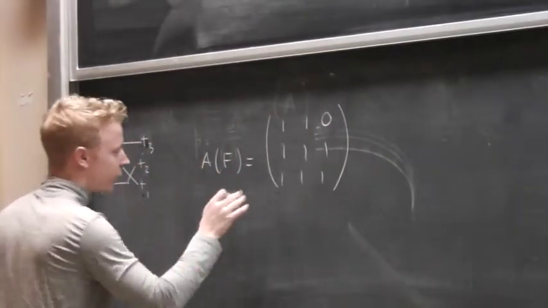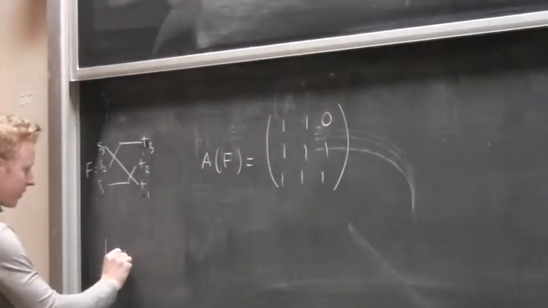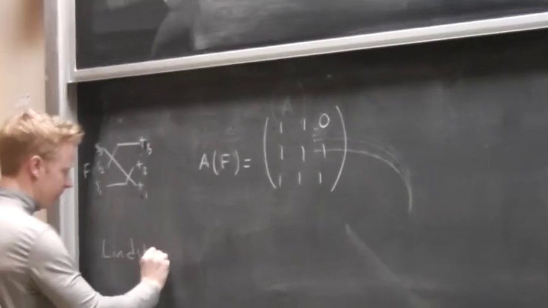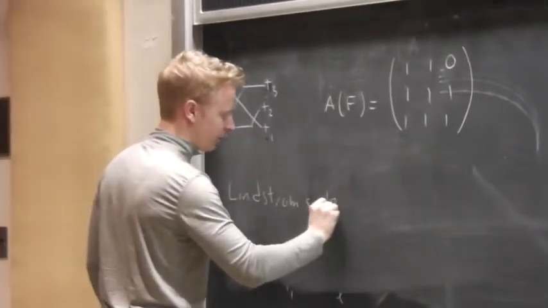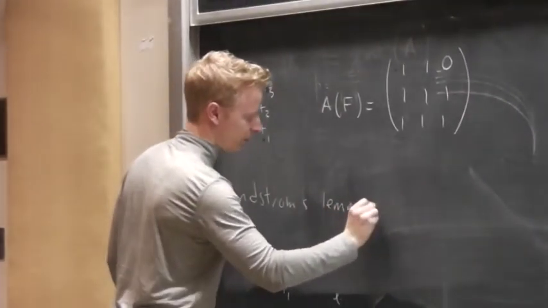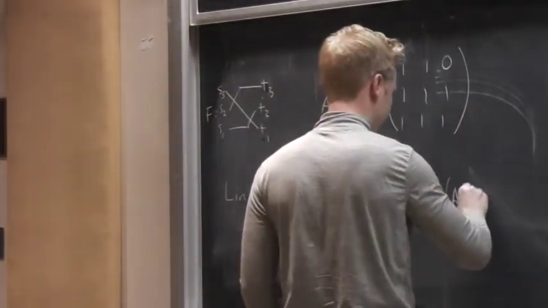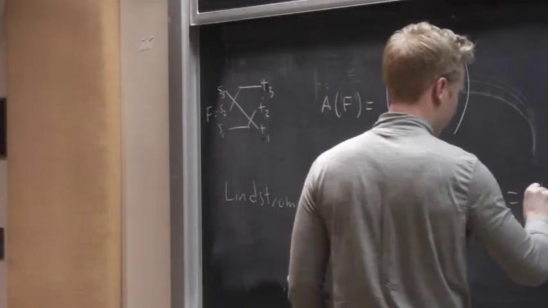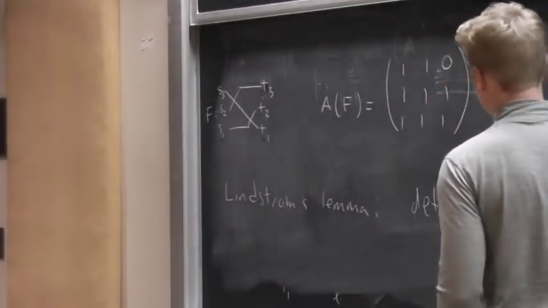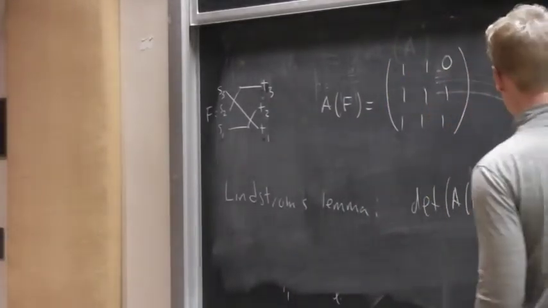For this simpler case, Lindström's lemma would say that the determinant of this path matrix is the number of non-intersecting path families of type identity.